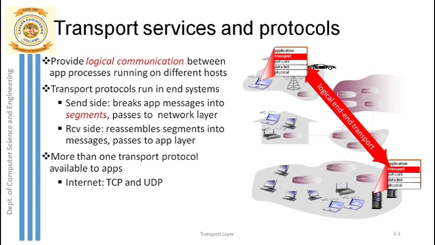So HIHE might be one segment, next LLO might be the second segment, next comes how are you, right? So HOW will be the third segment, then AR might be the next segment, again EYOU may be the last segment. So it depends. So here in the transport layer, the received message will be broken up into multiple smaller segments.